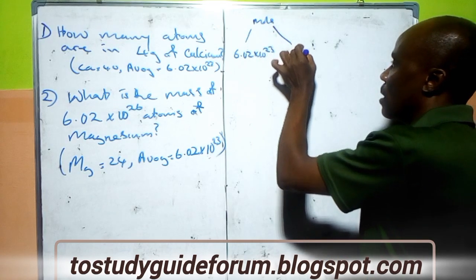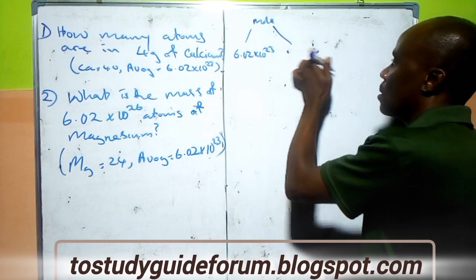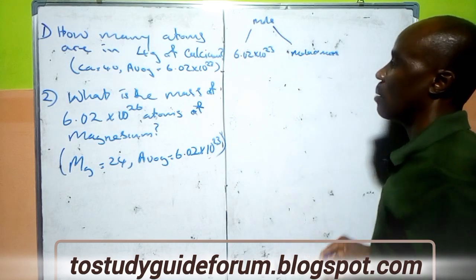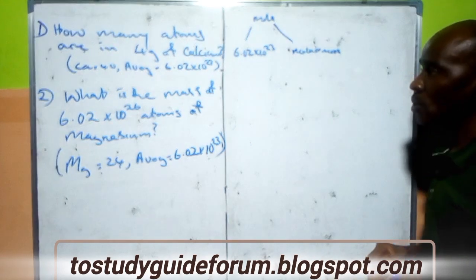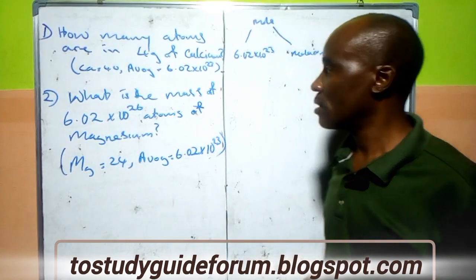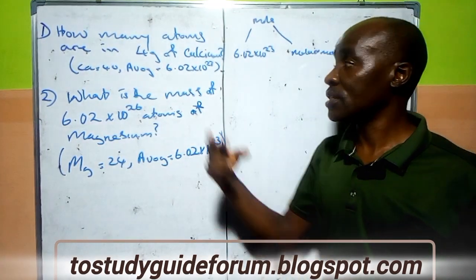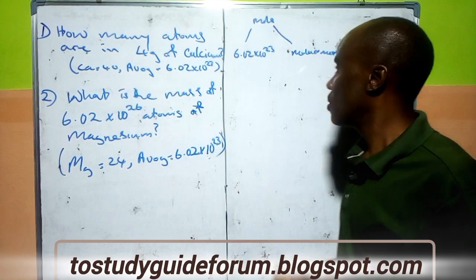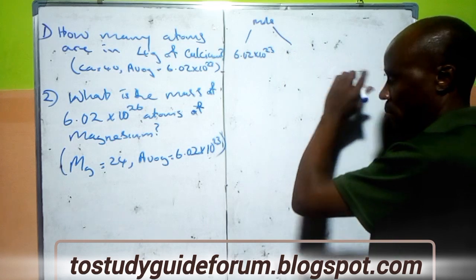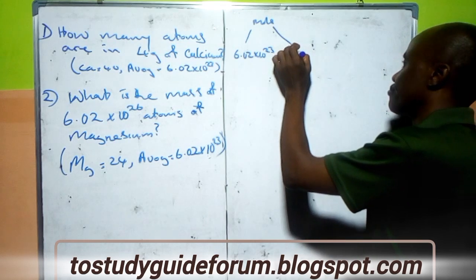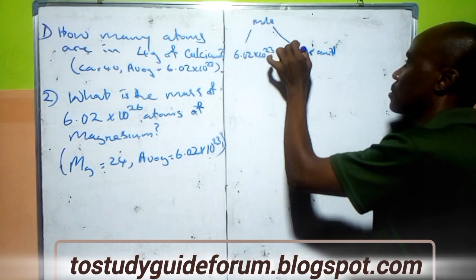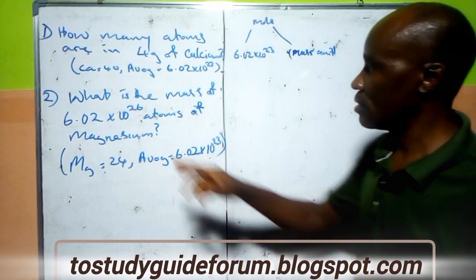Then we also have molar mass, depending on what we're looking for. In this case, what we have is the relative atomic mass of calcium, which if we express it in grams is 40 grams. We can also call it mass units.